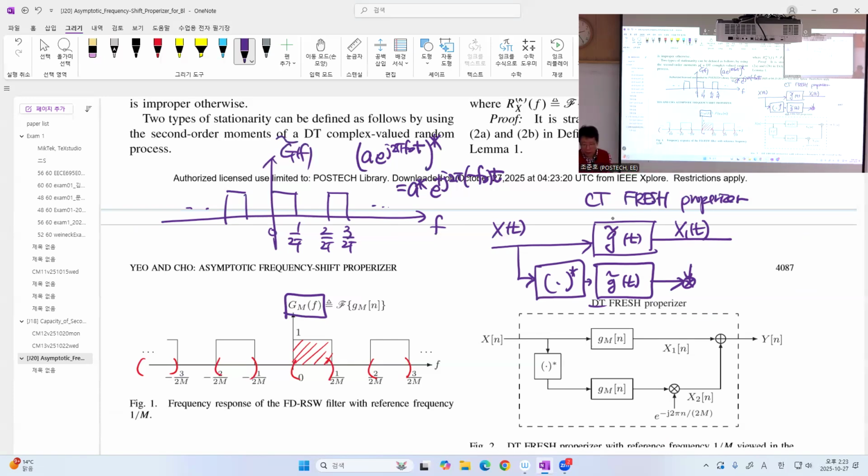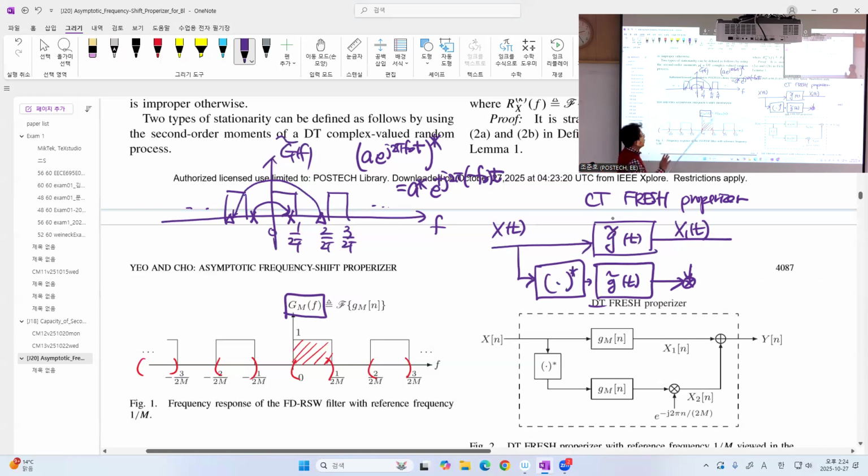The difference is that some frequency component that was originally here now appears there, since you flip, right? And some frequency components there now appear here, something like that.